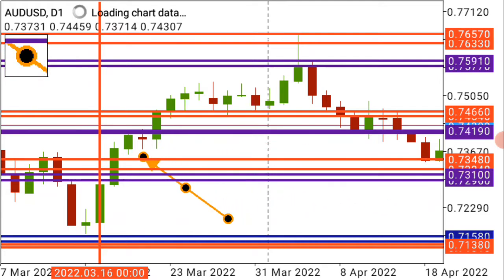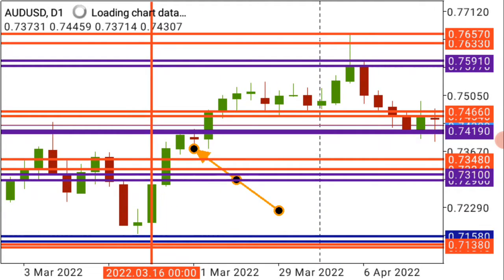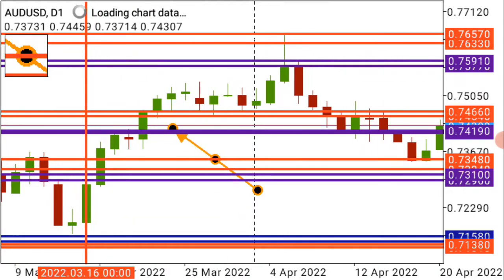So the simple strategy is that if the market breaks the line, in this case the green one here, we wait for the market to come back and retest, and then we buy or sell at the retest.